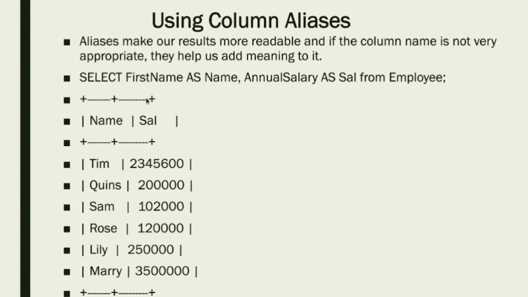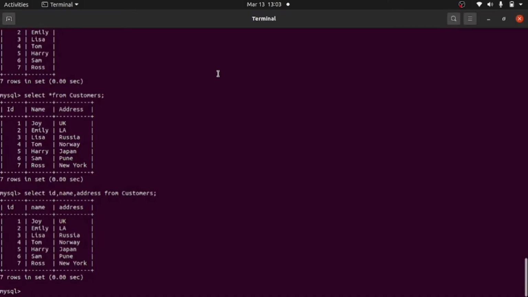So it will show name and salary. First name as name will show all the data of the first name column as name. Okay, so let's see. Select address as, let's suppose, A from the table name, which is customers.